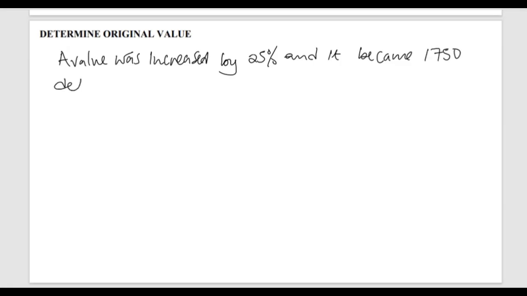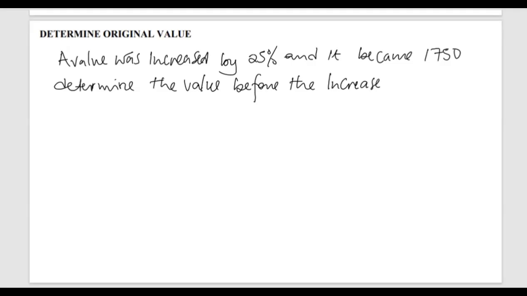So they ask you to determine the value before the increase.